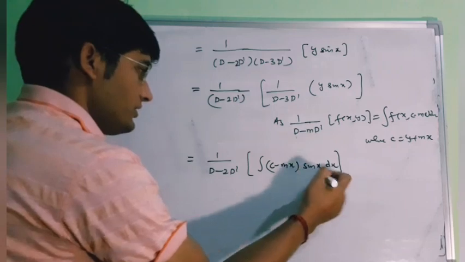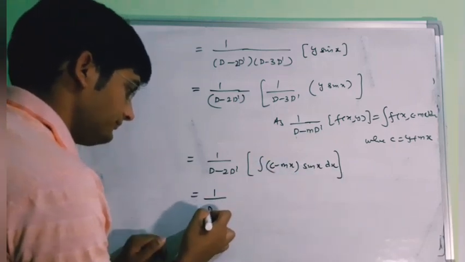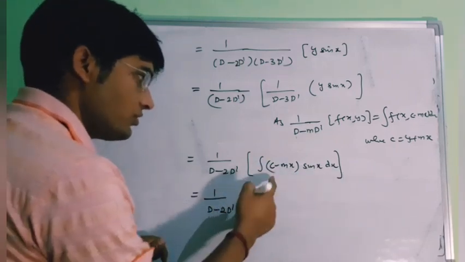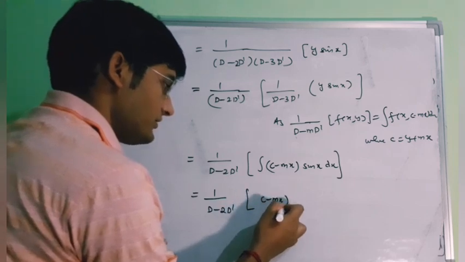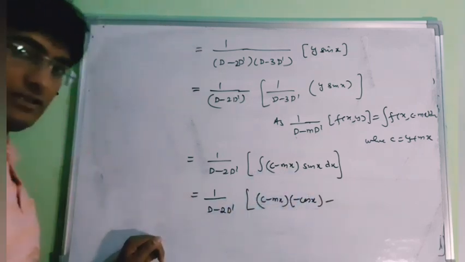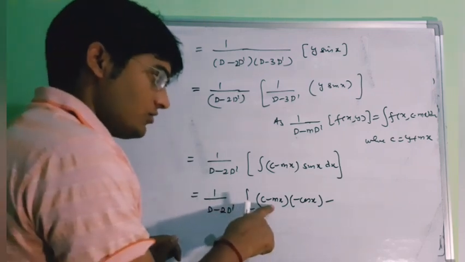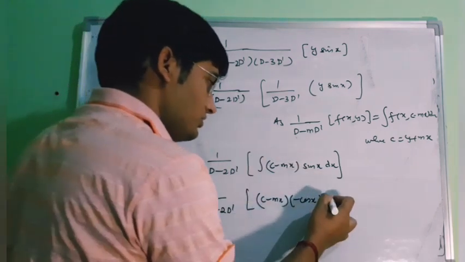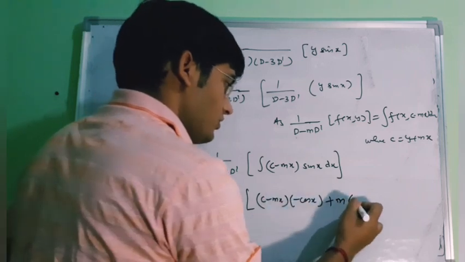So if we integrate this one, we will again use the Bernoulli rule of integration. This will be c minus mx; integration of sin will be minus cos. Then we will have minus sin, and the differentiation of c minus mx will be minus m, so this will be plus m, and integration of cos will be sin x.